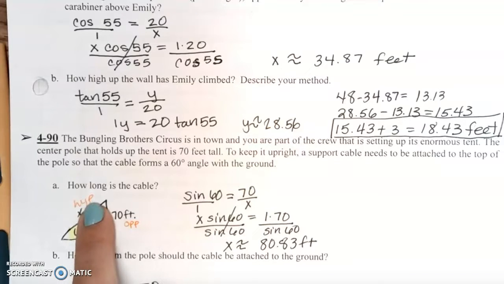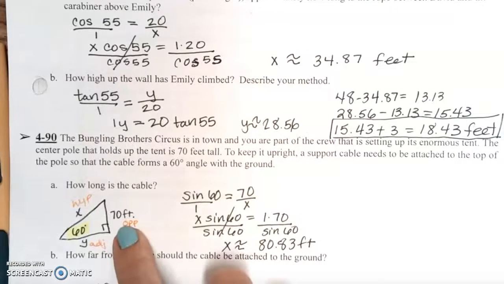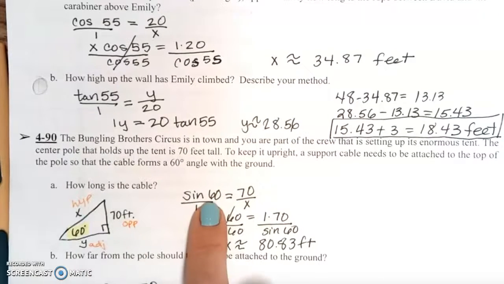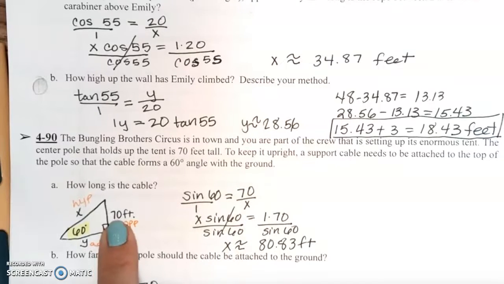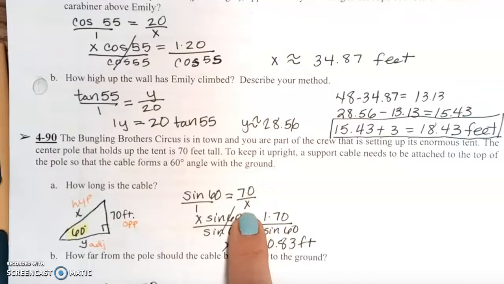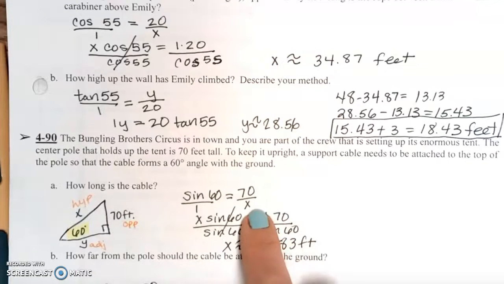We'll call that hypotenuse. And so the trig function that uses opposite and hypotenuse is sine. So we're going to say the sine of 60 degrees equals the opposite, which is 70, over the hypotenuse, which we don't know, so that's where we put our x.